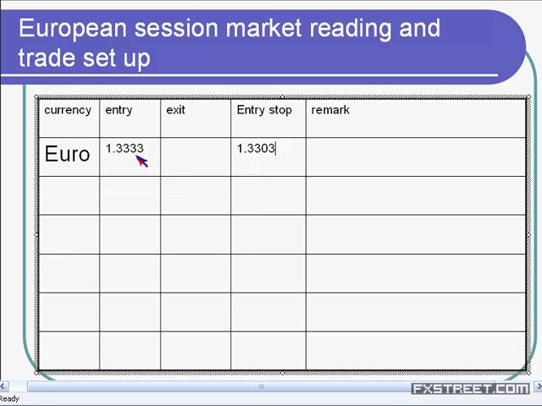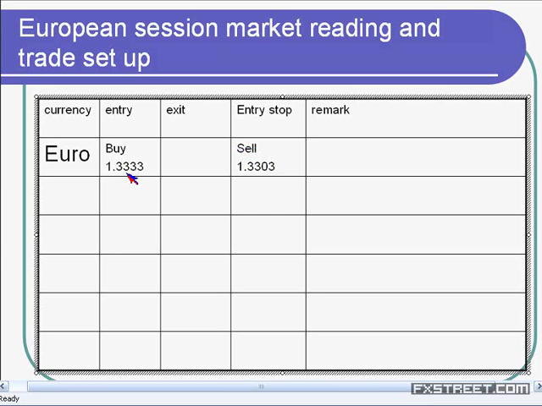So 30 pips below the market, and a limit order at 1.3333, 10 pips below the market of 1.3343. So this is a limit buy order, and this will be a sell entry stop order. Hope you are able to understand.